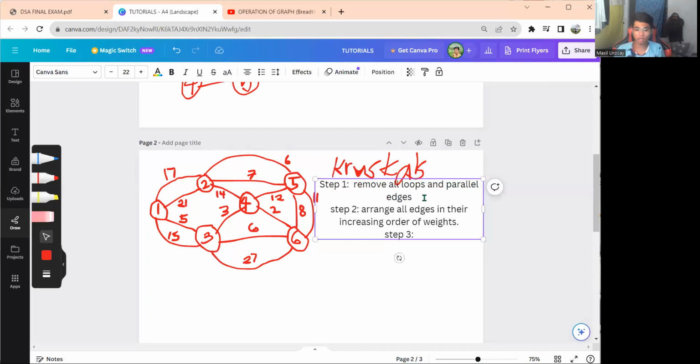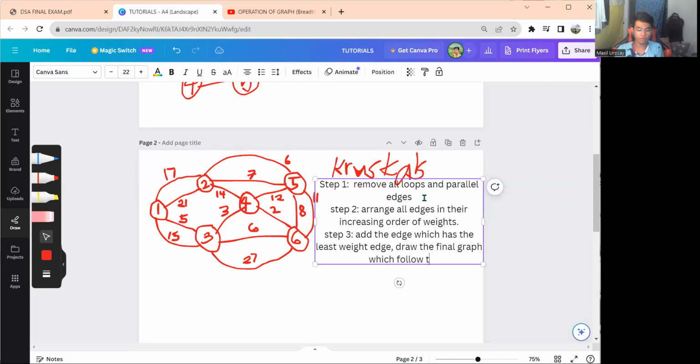So next, step 3, add the edge which has the least weight, as well as you draw the final graph following the rules.